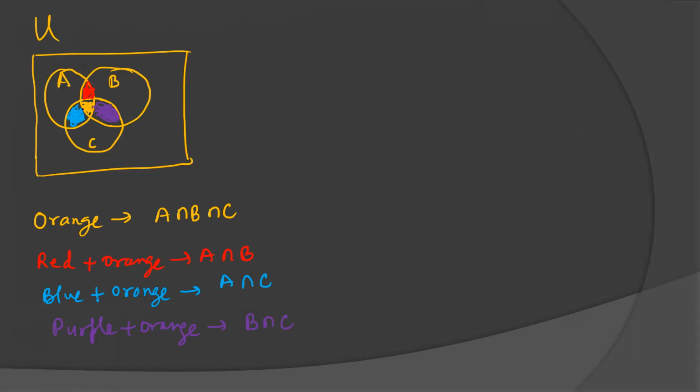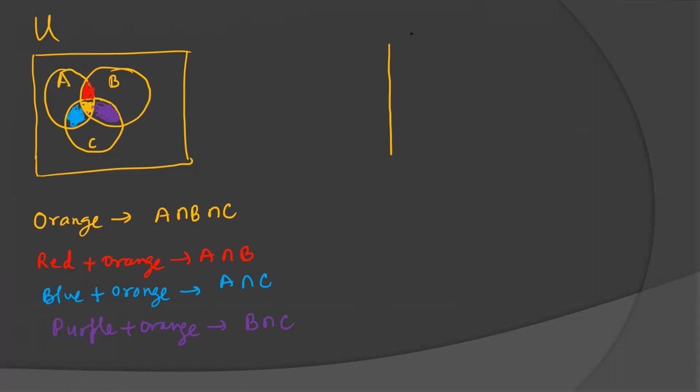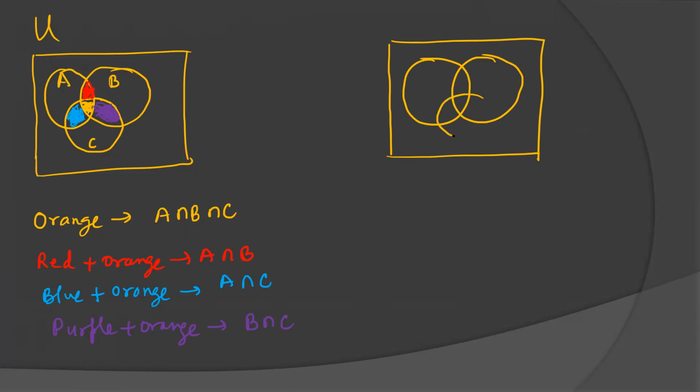And what about this combined? I'm going to draw one more diagram here, and try to give the answer by yourself. These are three sets A, B, C. If I ask you what is B union C, then B union C is going to be this one.